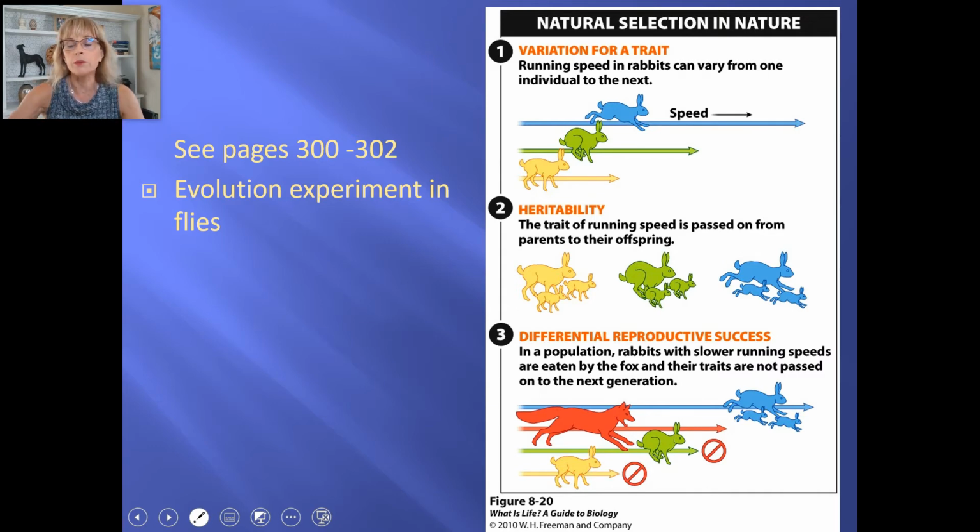And so over time, you would have more and more fast rabbits in the population and fewer slower rabbits.